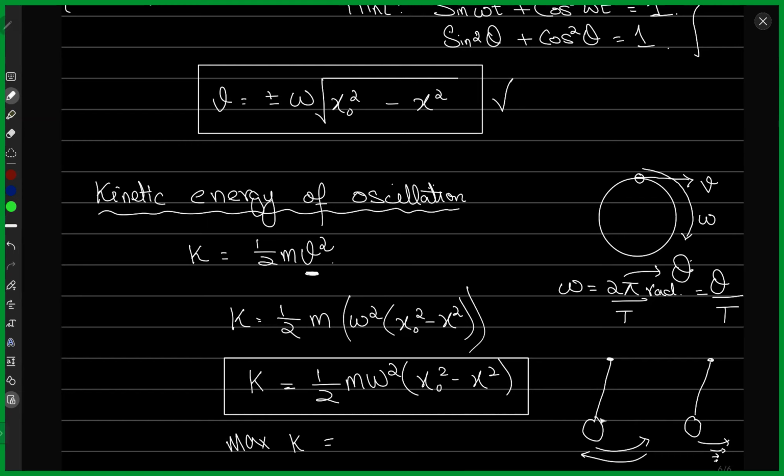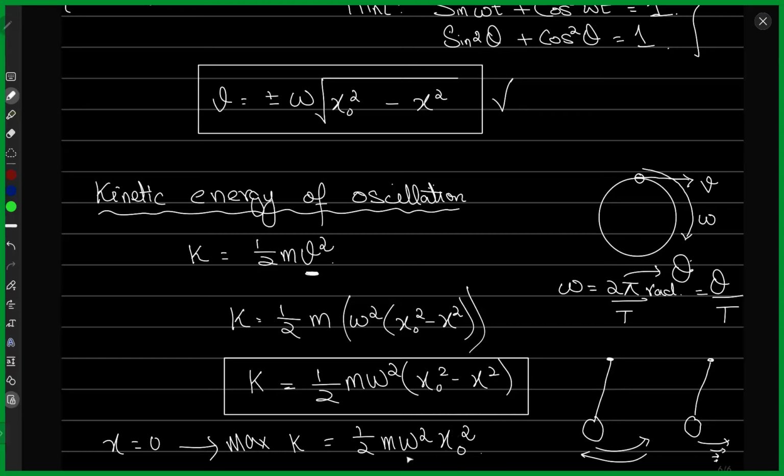So when a pendulum crosses its mean position, that's when it has the maximum velocity. So in this equation, in place of x, I'll just put 0. So I'll be left with 1/2 m omega squared x naught squared, which is what you should expect, because x naught is the amplitude of the oscillation, meaning it is the maximum height of the oscillation.